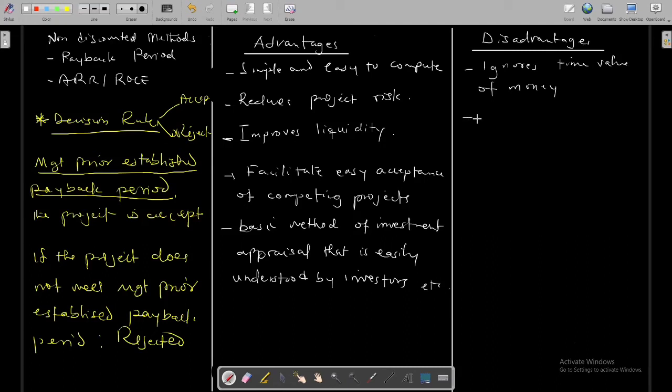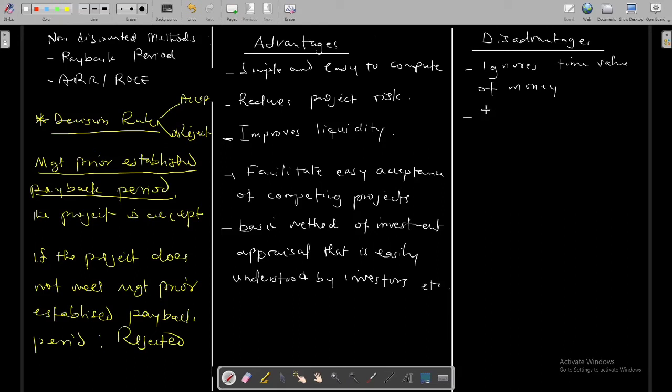Now, when we looked at the time value of money, it's simply the present value of future cash flows, or what will be the value of all future cash flows expected brought into current terms. We realize that the payback period ignores the time value of money in its computation.